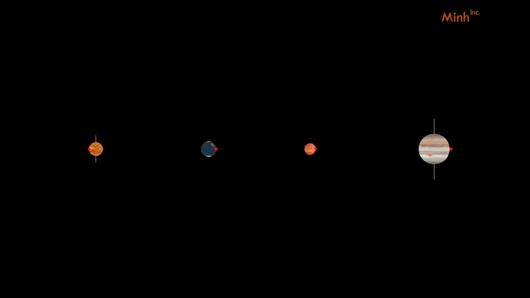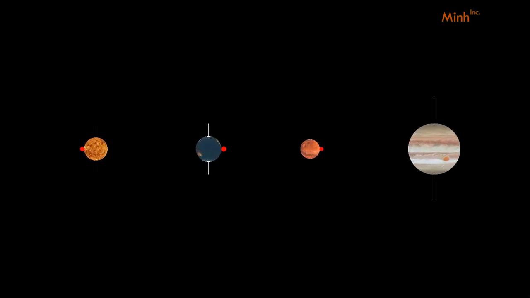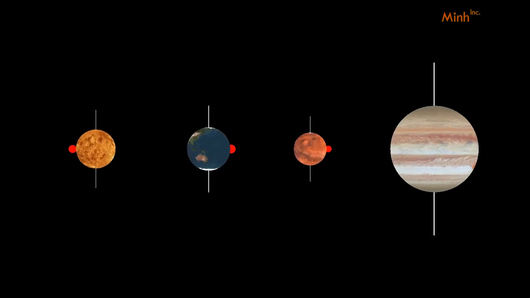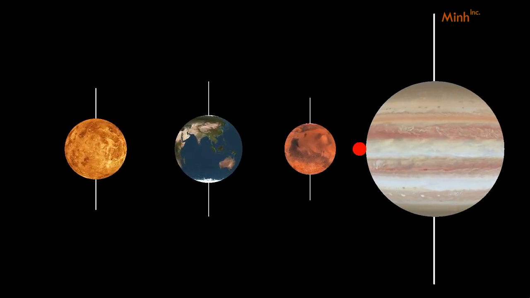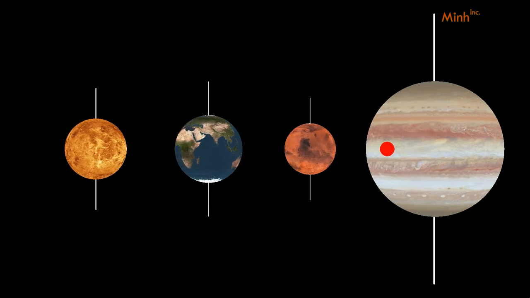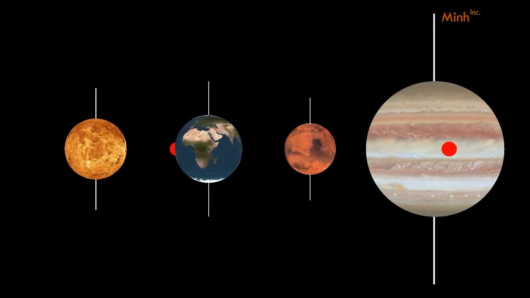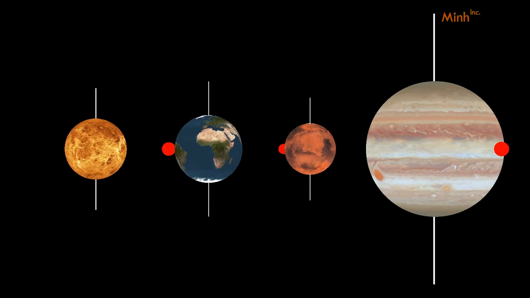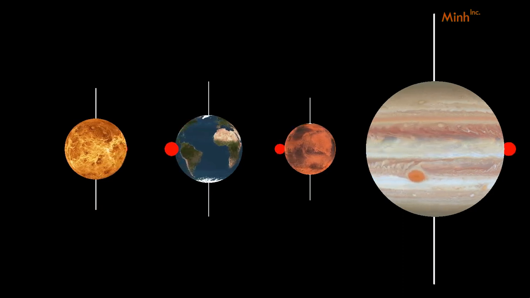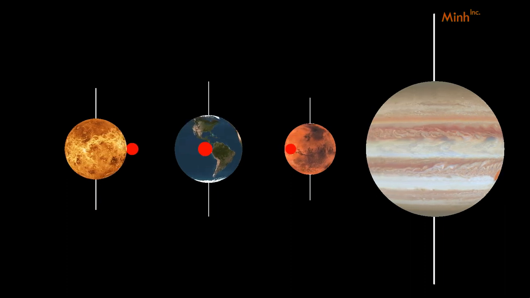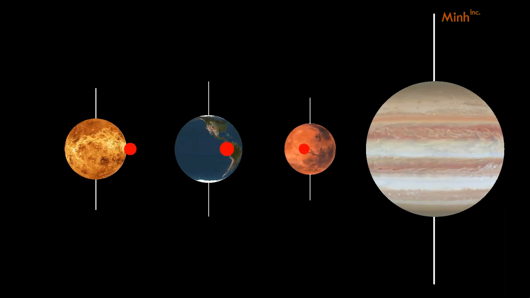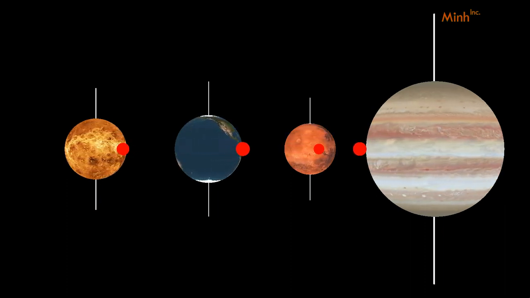Okay, so the direction in which the planets rotate on their own axis is different. Except Venus, the other planets we see here revolve west to east, whereas Venus revolves east to west. So it is visible that it is rotating in the opposite direction.